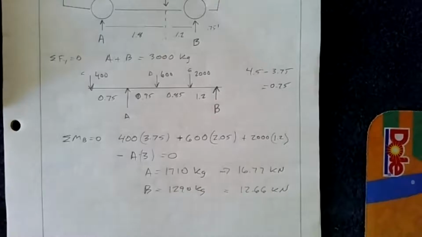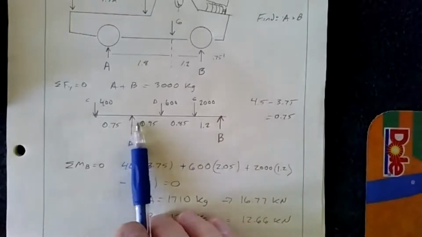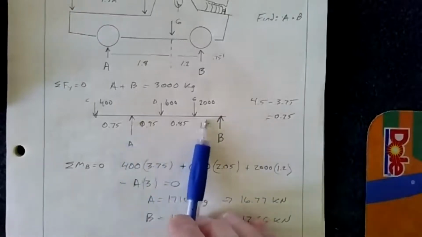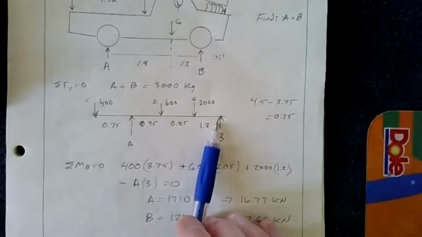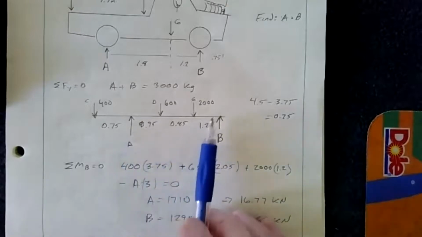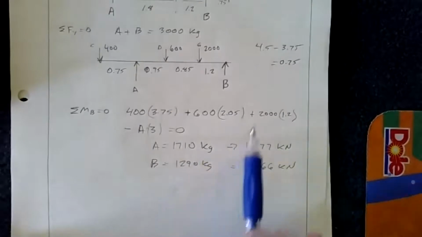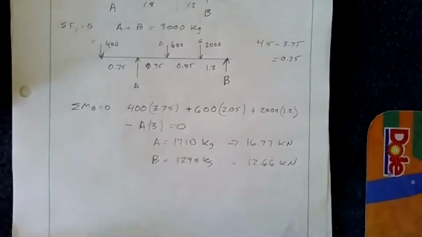That's the answer. This was just a simple lever problem. I could have summed the moments about A to find B if I wanted to, but that would have given me 1290 and been more work than just subtracting.